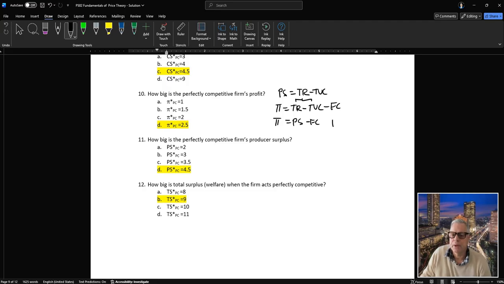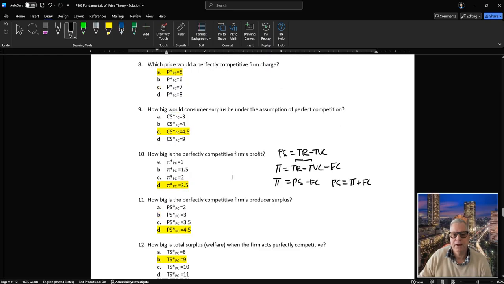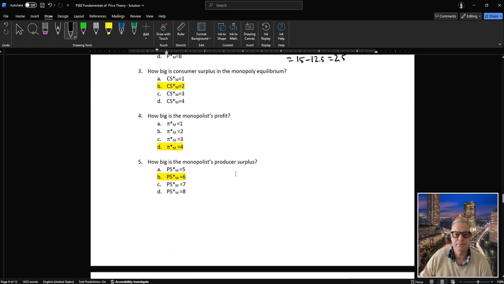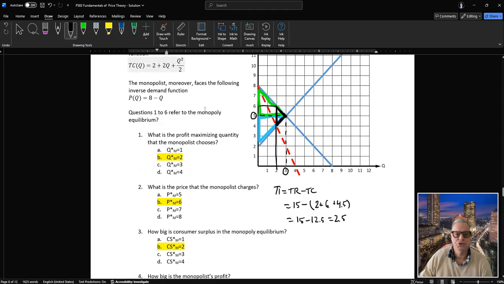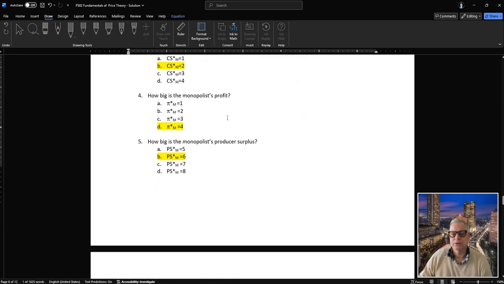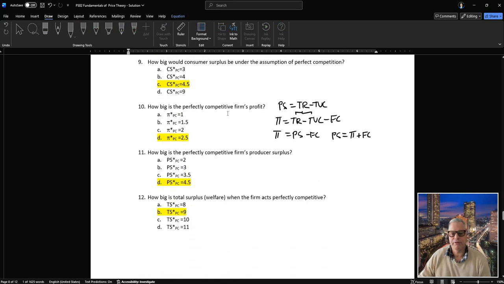So producer surplus can also be written as profit plus fixed cost. And if you remember, the profit is 2.5 and the fixed cost is 2. So that's where we get the 4.5 from also.